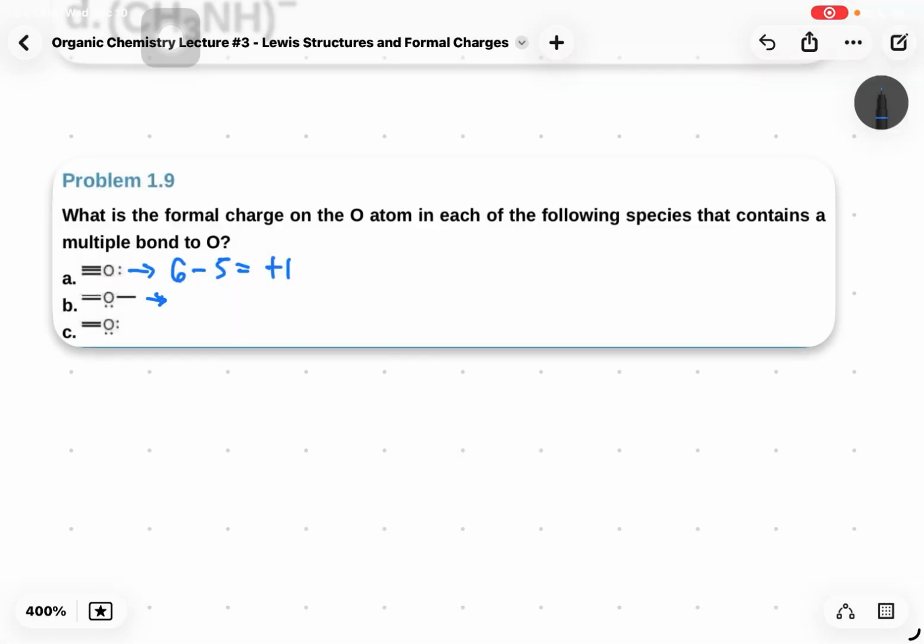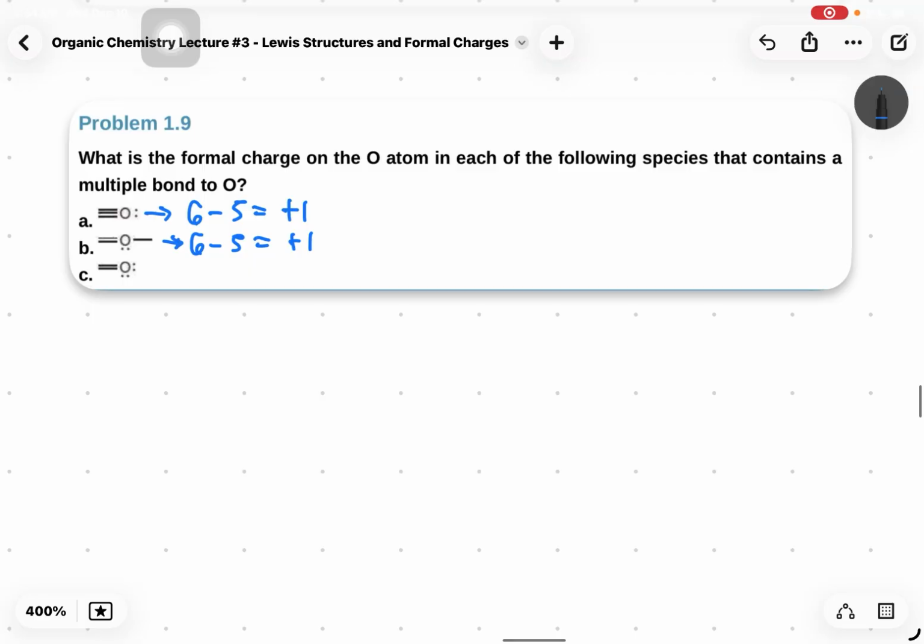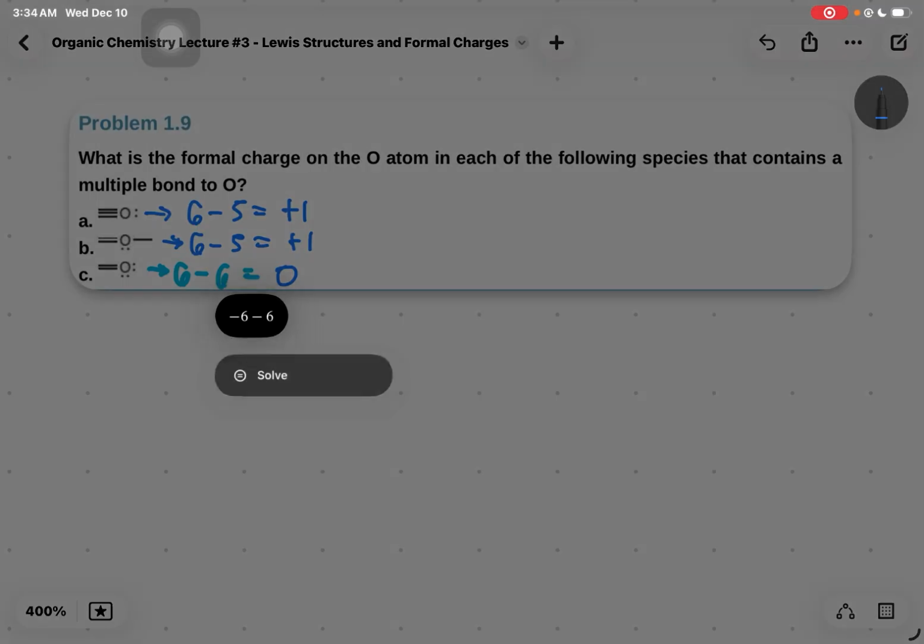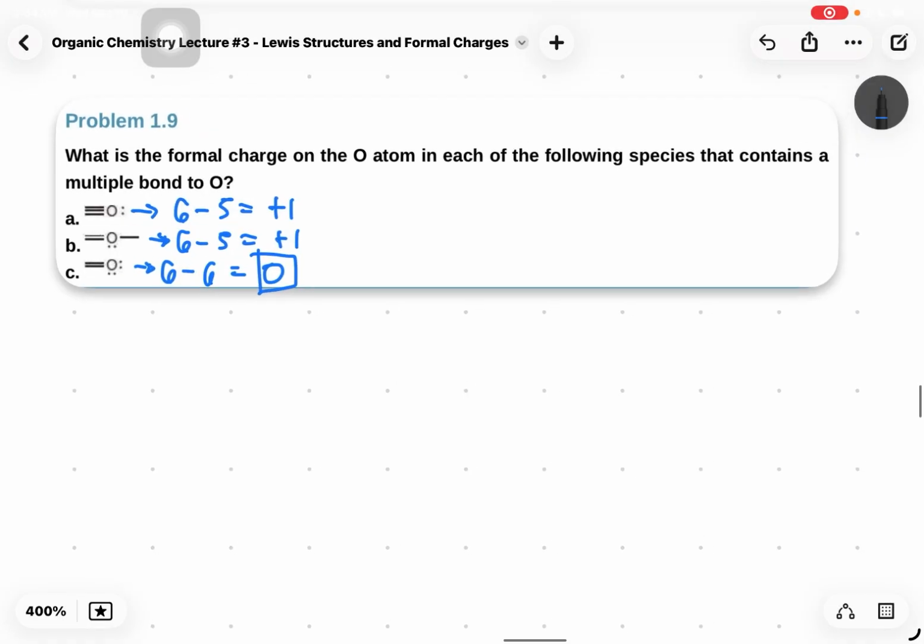For this, that's 1 line, 2 lines, 3 lines, 2 dots. So it's 5. Another 6 minus 5. It's going to be +1 again. And lastly, 1, 2, 3, 4, 5, 6. That's 2 lines plus 4 dots. It's going to be 6 minus 6, which means the formal charge is 0.